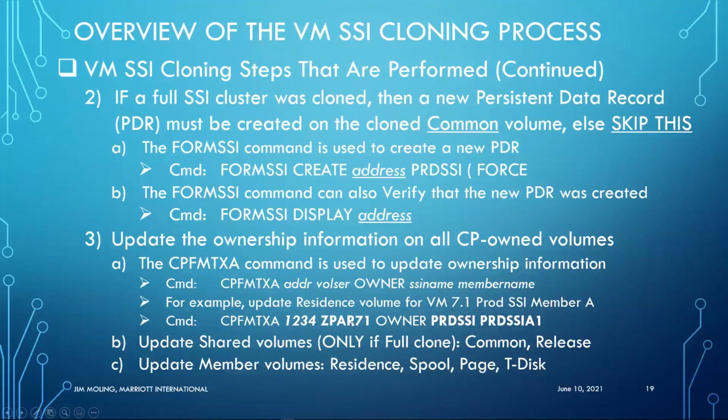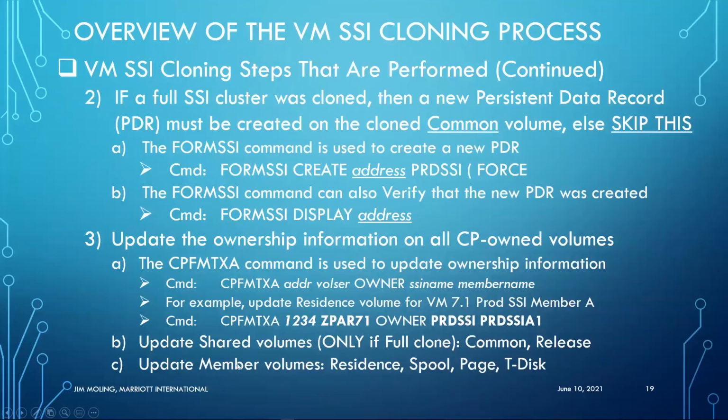Even looking at the volume name, I know it had better have an SSI name of PRDSSI because that equates to the P, and PRDSSI A1 had better be the member name because that indicates this is a member residence volume versus a B, C, or D. So with the naming convention, you can see how things connect together, and it helps keep you from making the mistake of using the wrong residence volume for a member.